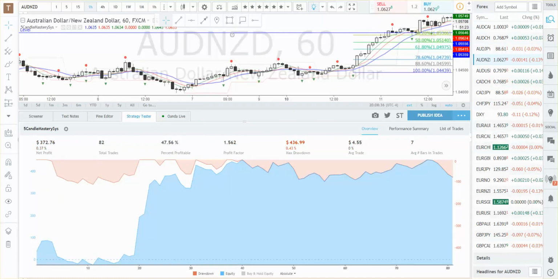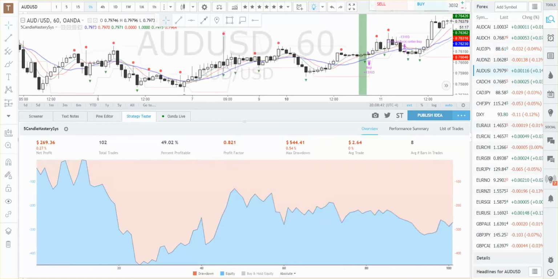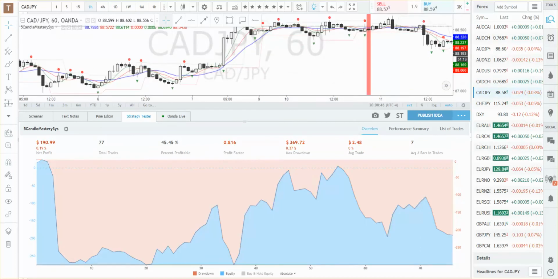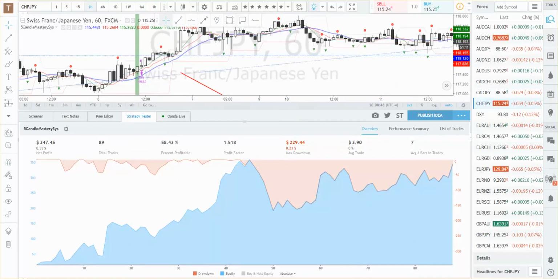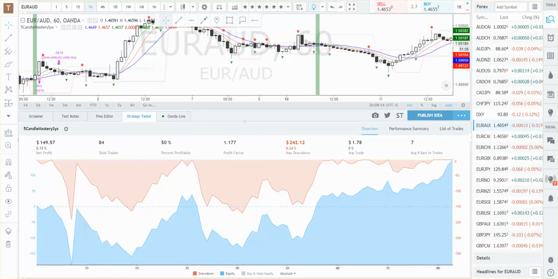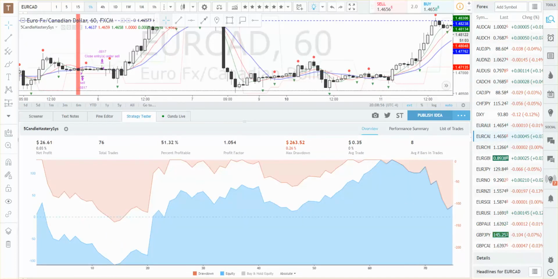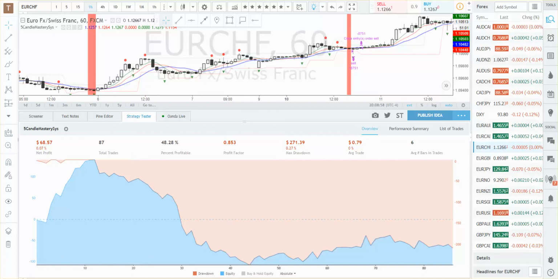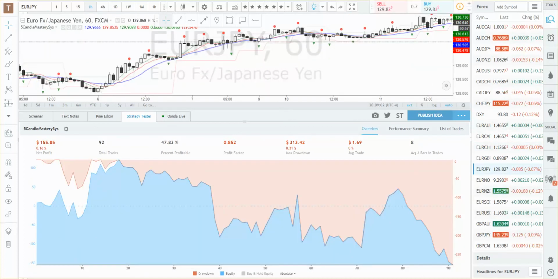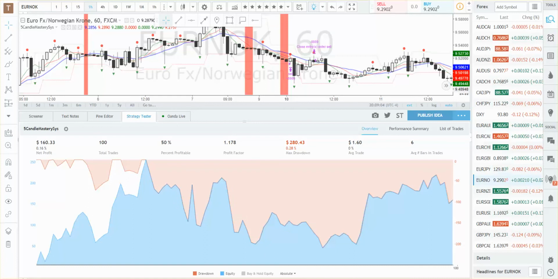Obviously it's a system that's going to perform really well in trending markets, but as soon as markets go sideways, you may get a lot of false entries, a lot of stop outs. I think it's expected. It performs fairly well in most cases. So let me go through most of these pairs.